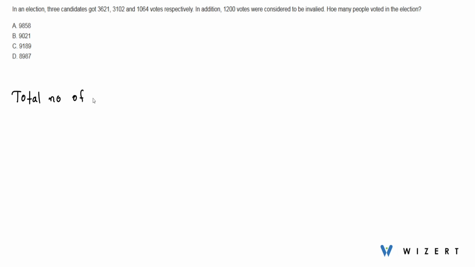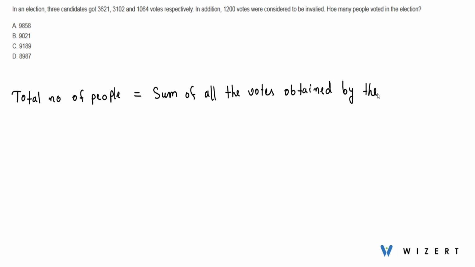So total number of people will be equal to the sum of all the votes obtained by the three candidates and the votes which were considered to be invalid, so invalid votes.